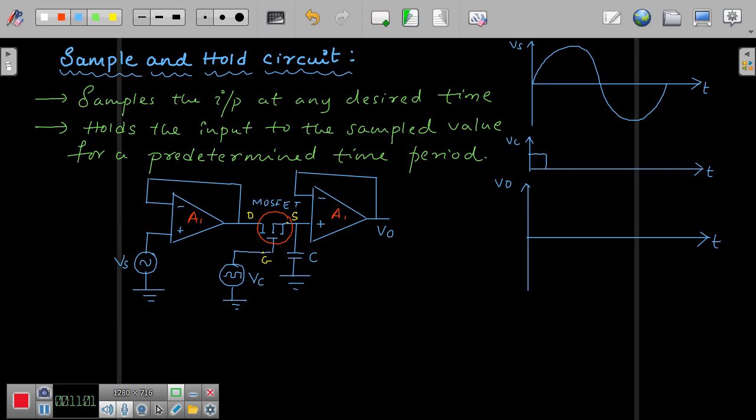Here I will draw the control signals, something like this. Just one second, I will draw a dotted line here because this is not the actual output.